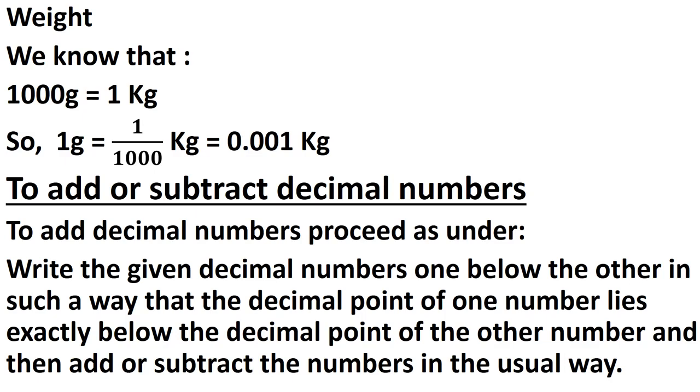Okay. The decimal point must come exactly below the decimal point. You have to write it in such a way. Okay, and if you are doing the subtraction, then remember the number written after 'from' we will write down first and then we will subtract.